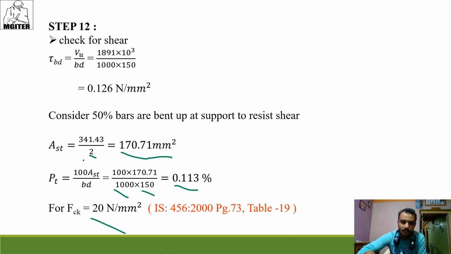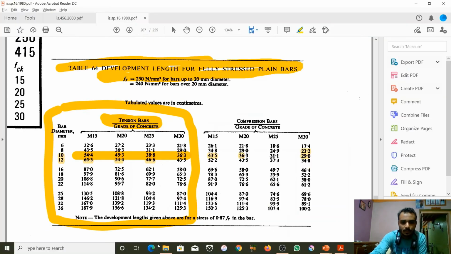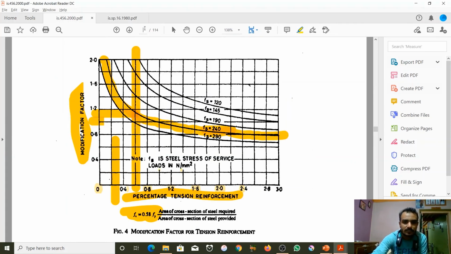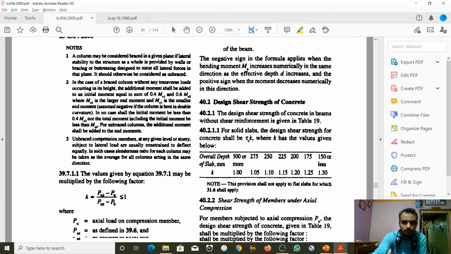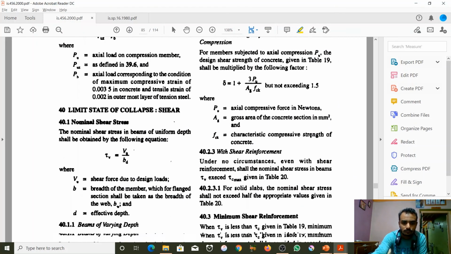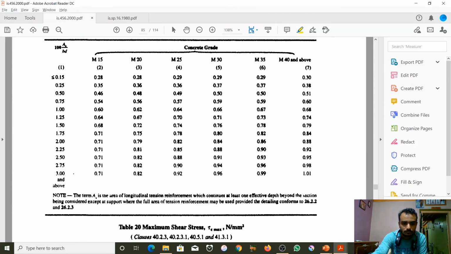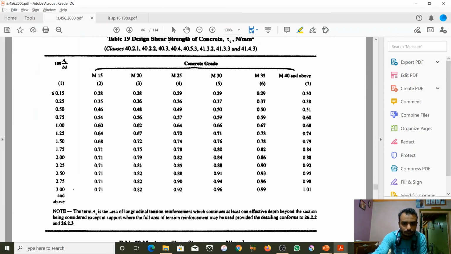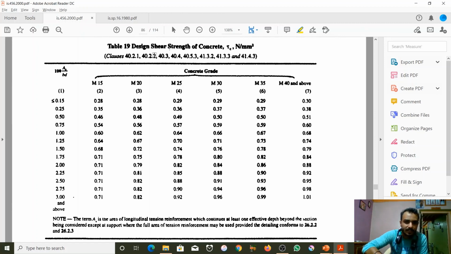From IS 456, page number 73, table 19, design shear strength of concrete, tau c.